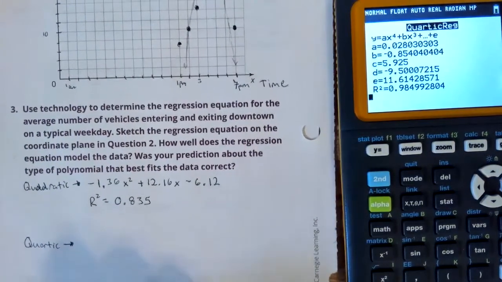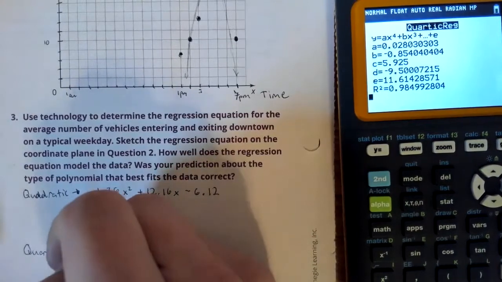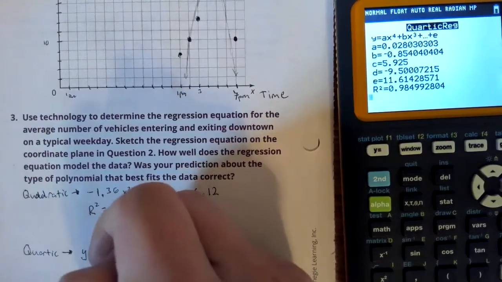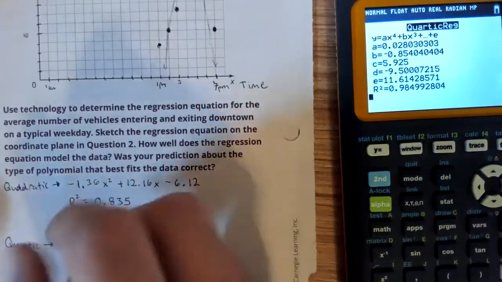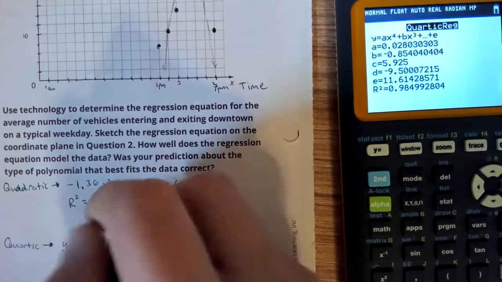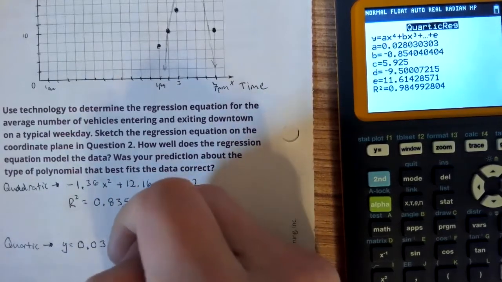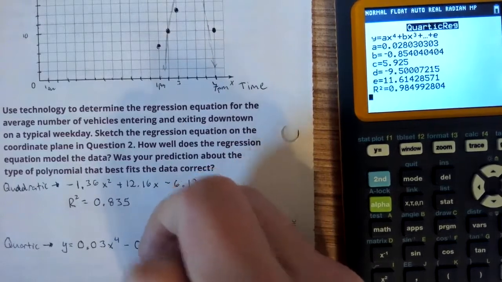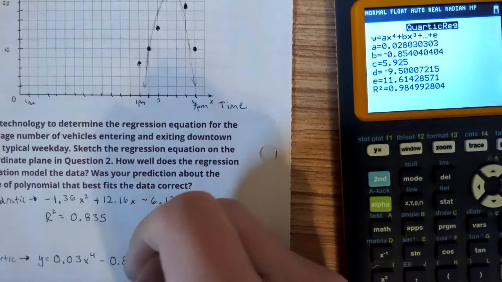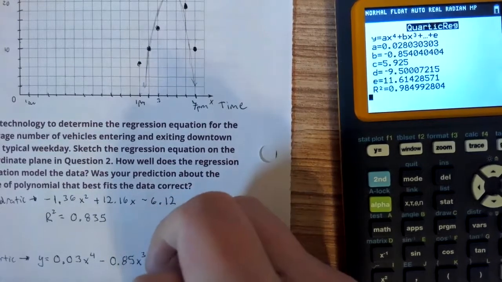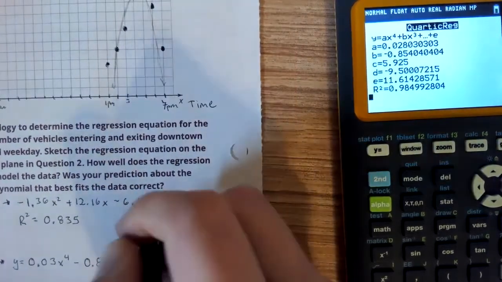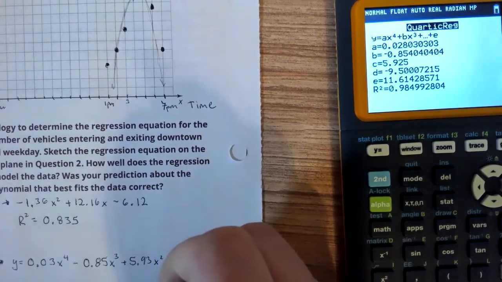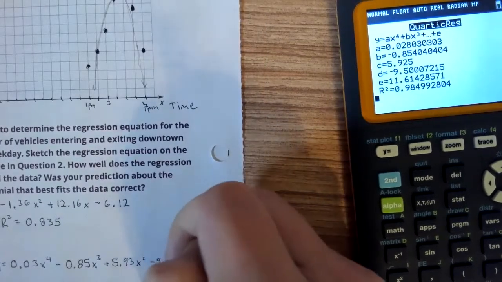The quartic equation, so we're doing y equals 0.02, or 0.03 if I round, x to the power of 4, minus 0.85 x cubed, plus 5.93 x squared, minus 9.5 x, plus 11.61.